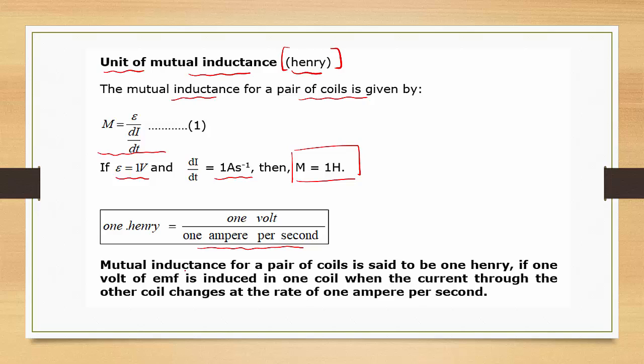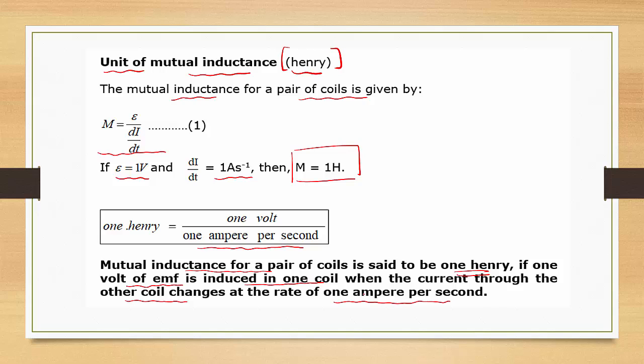Mutual inductance for a pair of coils is said to be 1 Henry if 1 volt of EMF is induced in one coil when the current through the other coil changes at the rate of 1 ampere per second. What is the definition of 1 Henry? The same, as stated.